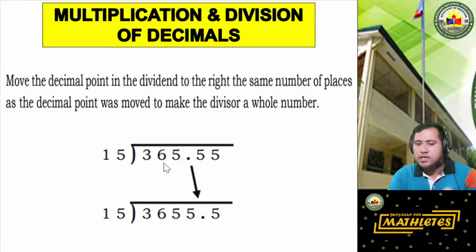We have 365.55. Since 1.5 became 15 because we moved the decimal point one place to the right, 365.55 also moves one place, so it becomes 3,655.5. Okay?